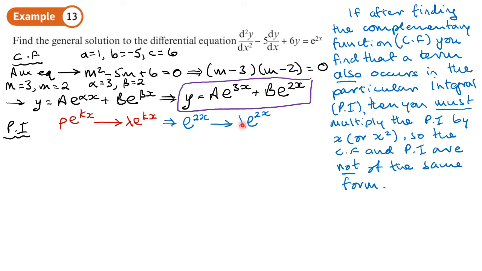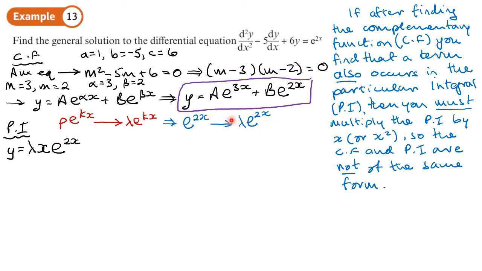We've already got something e to the 2x, so we can't have the same terms occurring in the complementary function and the particular integral. So what I do is I go through this process here. I need to multiply this particular integral by x. So this time y isn't going to equal lambda e to the 2x, y is going to equal lambda x e to the 2x. So you've got to watch out for that.